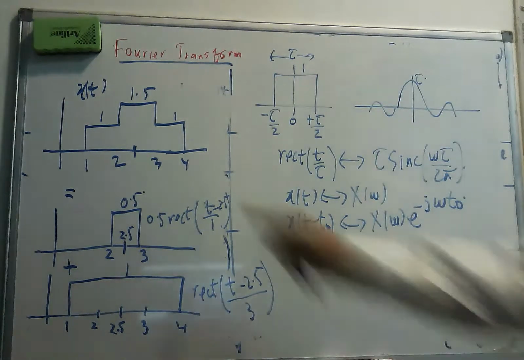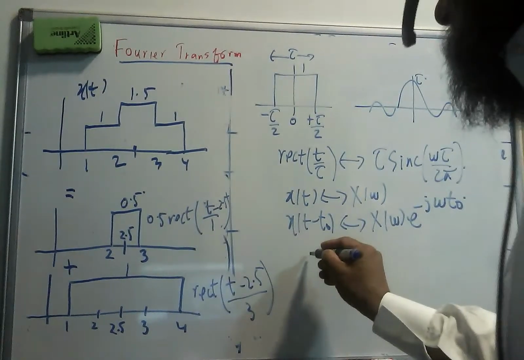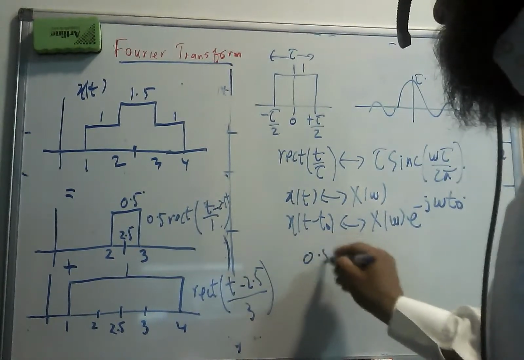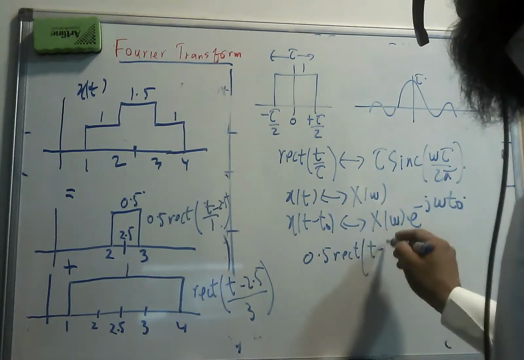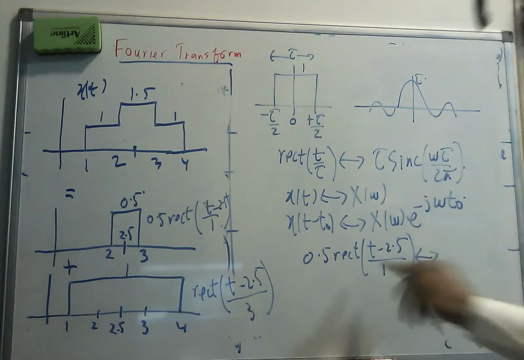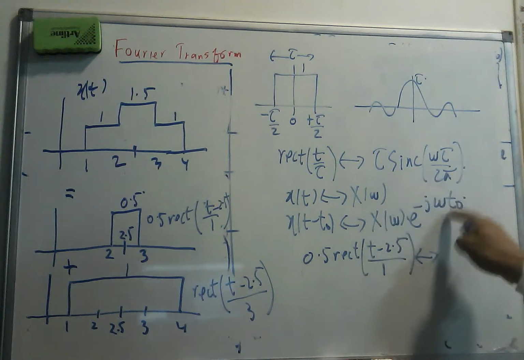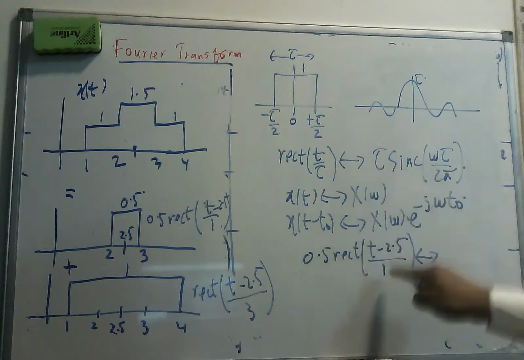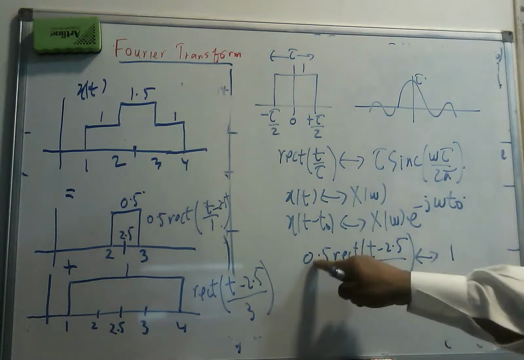So now I have all the information. I can write the Fourier transform of these two and add them. For 0.5 rectangular (t minus 2.5) divided by 1, the Fourier transform is this function multiplied by the shift. Tau here is 1, and it is multiplied by 0.5.